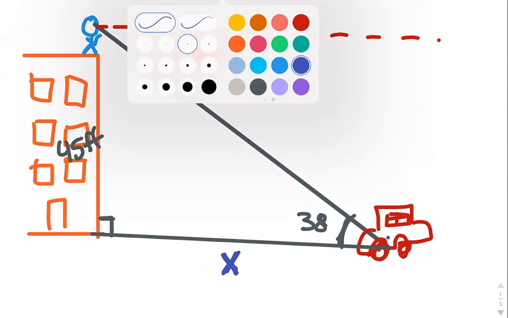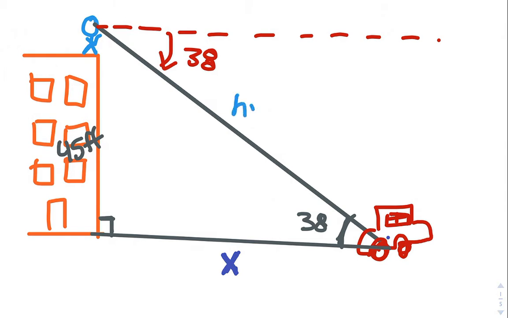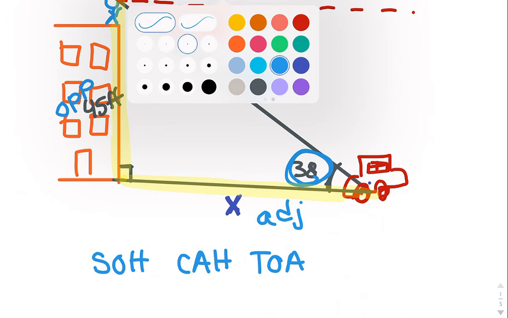Let's label our triangle then. Always across from your right angle is your hypotenuse. Here's the angle that I'm using, 38, so across from that is your opposite, and next to that is your adjacent. I'll label my SOHCAHTOA. I notice that I only have side lengths on my opposite side and my adjacent side. Anything with an O or an A, I'm going to put a star next to.